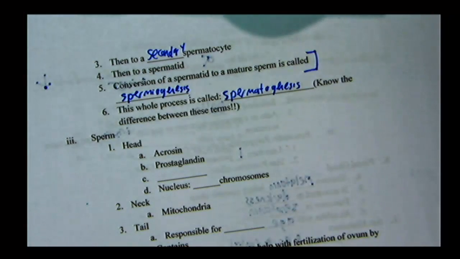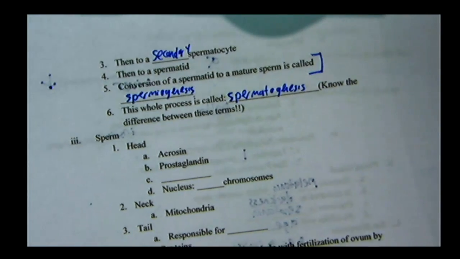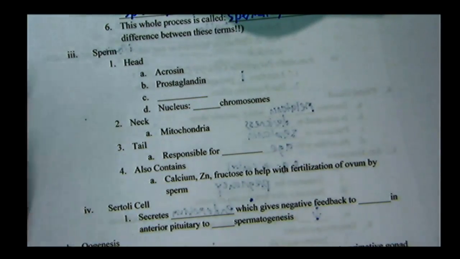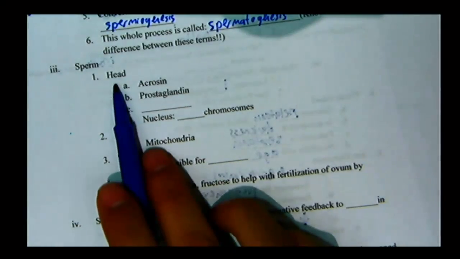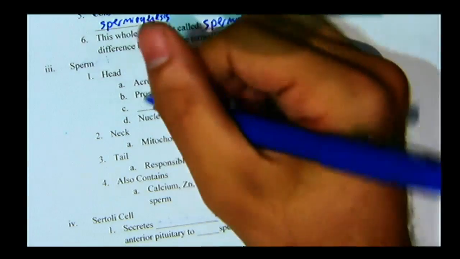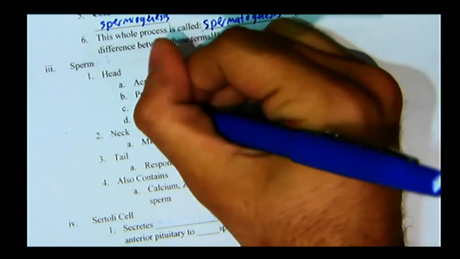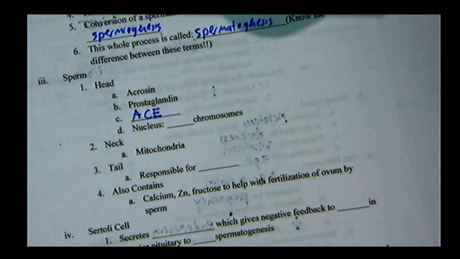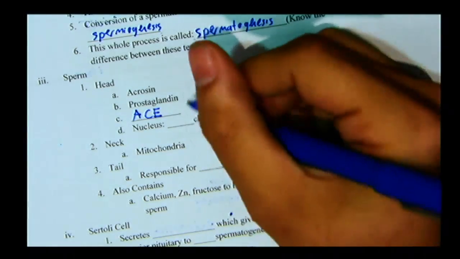All right, so sperm, there's the head of the sperm, which has the acrosin, prostaglandin. What else? ACE. And how many chromosomes? 23. How many chromosomes does a dispermy sperm have? It has 46. 46 plus 23 is 69.